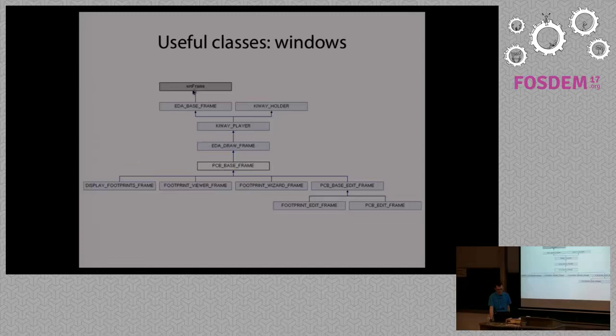So here again, I had to restrict the hierarchy only to the board related classes, but it's also, I think, quite clear what every class does. And most likely you are going to work with these two guys. One is the footprint editor, and the other one is layout editor. And usually this is the place where you add your tools.